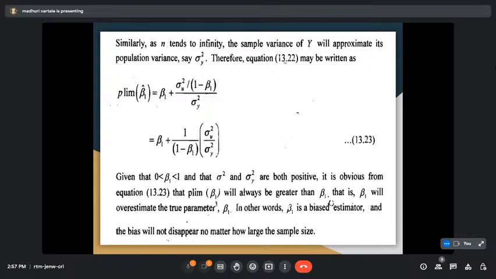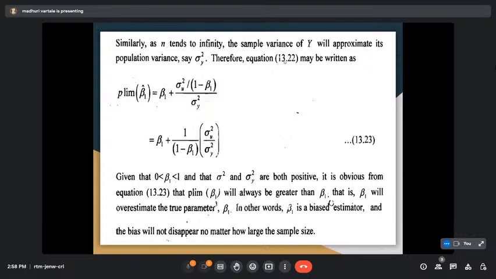And obvious from the equation 13.23 which is given below, plim beta 1 will always be greater than beta 1, and that is beta 1 will overestimate the true parameter.